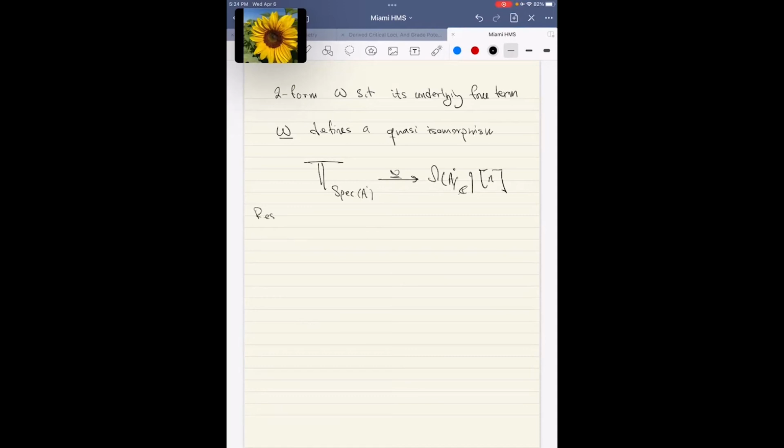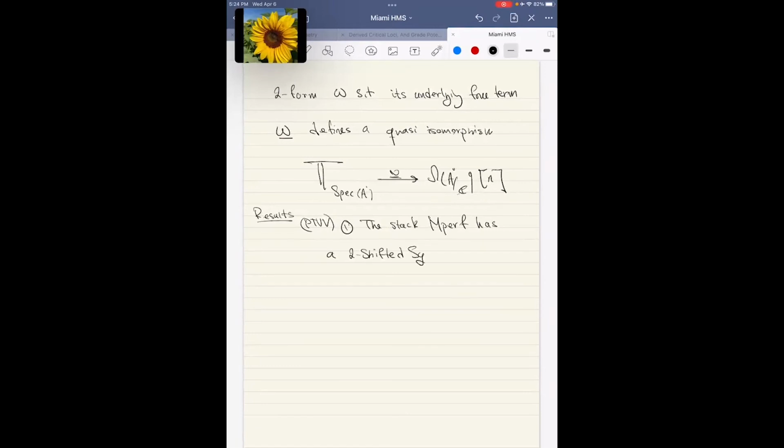Okay, so now here are some of the remarks and results, so results that we know. PTVV in their famous paper showed that the stack of perfect complexes, M-perf, always has a two-shifted symplectic structure.